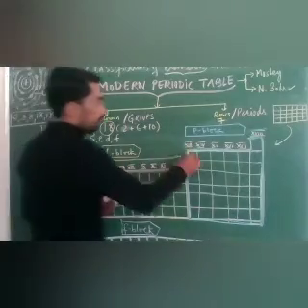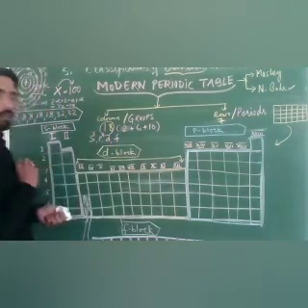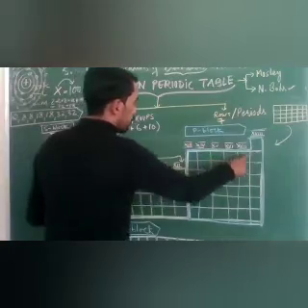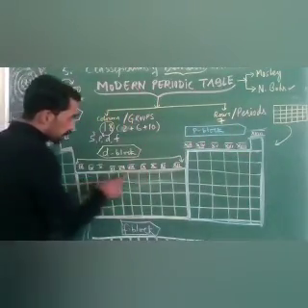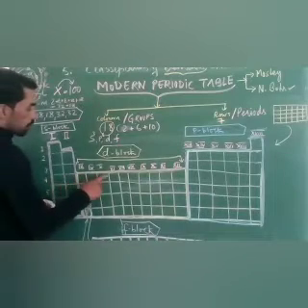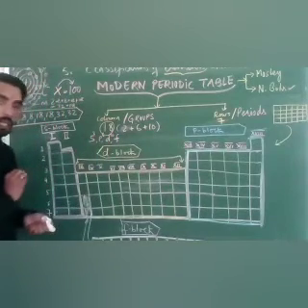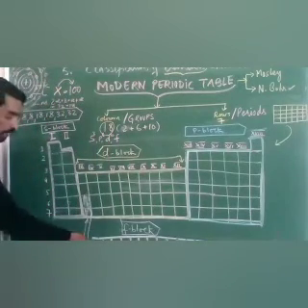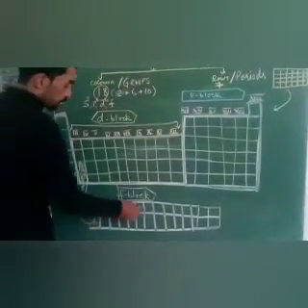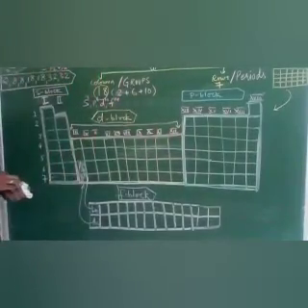Count. 1, 2, 3, 4, 5, 6. 6 columns in P. Total how many columns in D? Column, not Roman. 10. 1, 2, 3, 4, 5, 6, 7, 8, 9, 10. And total how many columns in F? Here, 14. So dear students, you got one more new number.